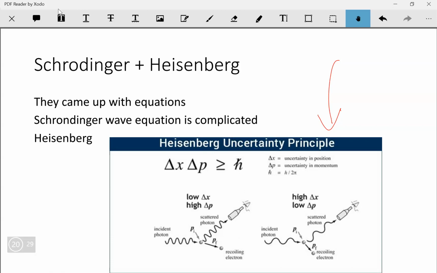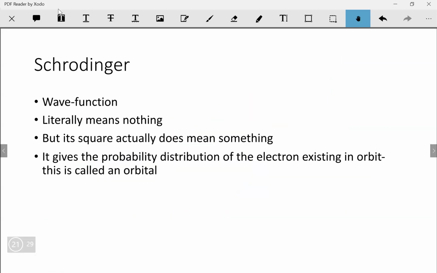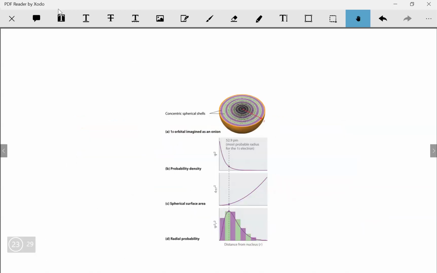It is a fundamental property of the universe and not a limitation of our measuring. But again, none of this technically matters. So we're going to move on into our orbitals. What quantization basically decided is, okay, now electrons are not circling around the nucleus in orbits.